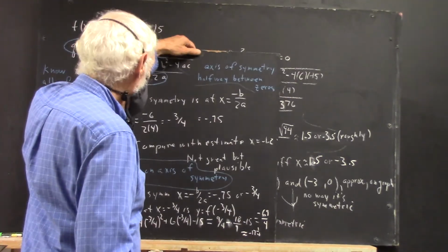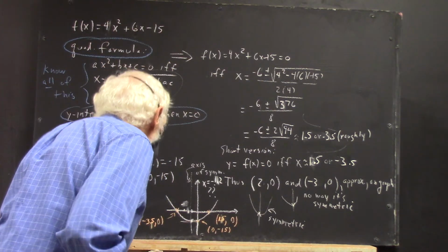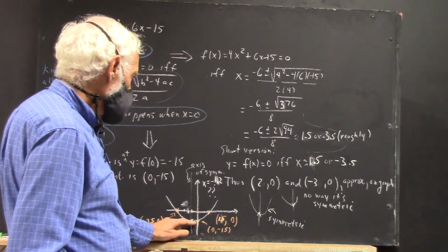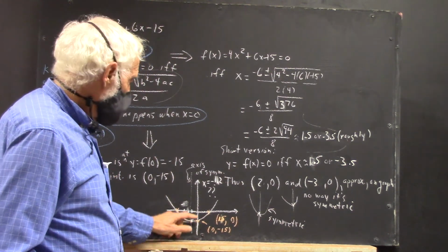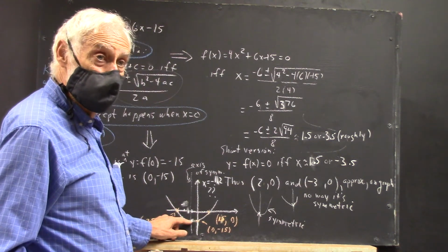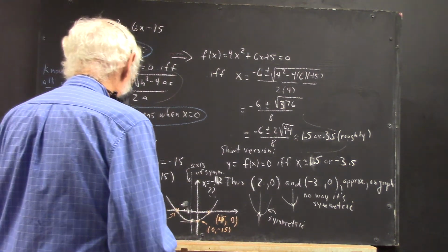Now on the graph, does it make sense? This is just a little bit lower than this, right? If this is at negative 15, does it make sense that this could be about negative 17? Well, yeah.